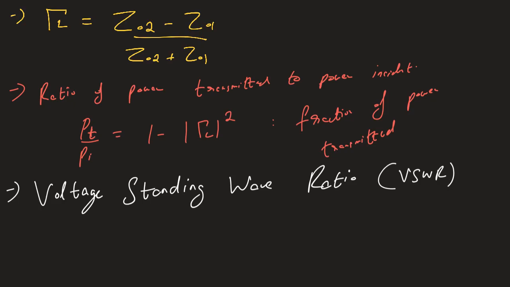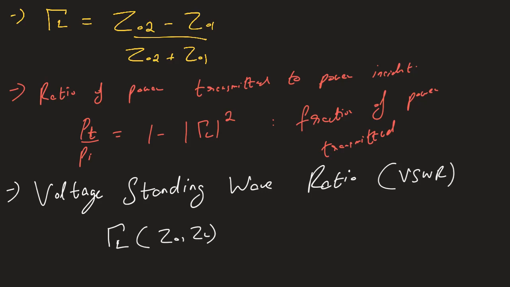Now we've seen how the reflections in a terminated transmission line depend strongly on the impedance of the line and the load, right? So we've seen that gamma L is a function of Z0 and ZL.